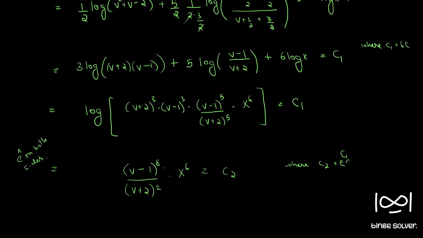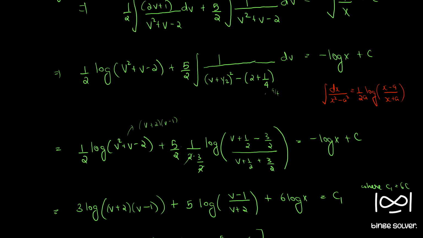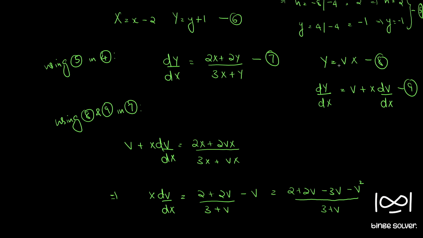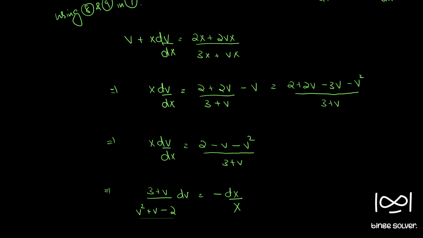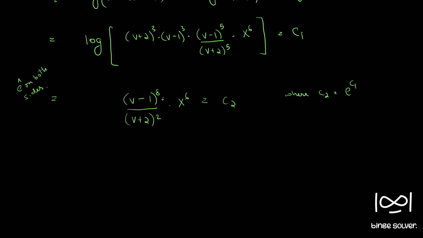Sorry. Okay, now we get this. Now we can apply from equation 8 that v equals y by x. So before that, let's take the square root of both sides so that it further simplifies.